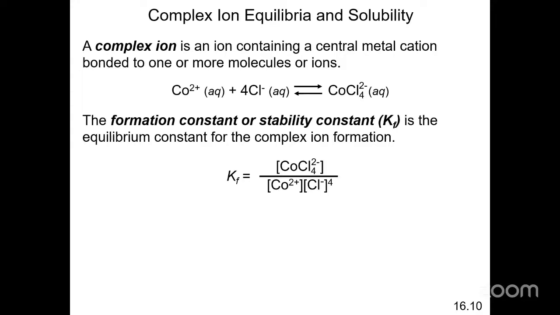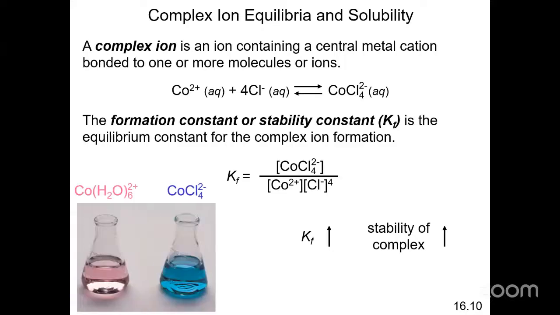And that is symbolized by Kf, right? So Kf is basically the formation constant of a complex ion. And what you'll find is that the greater or the larger the magnitude of Kf is, the more stable the complex ion is.